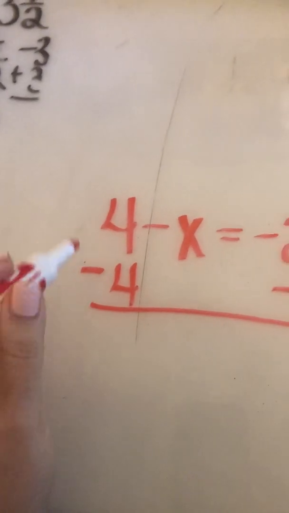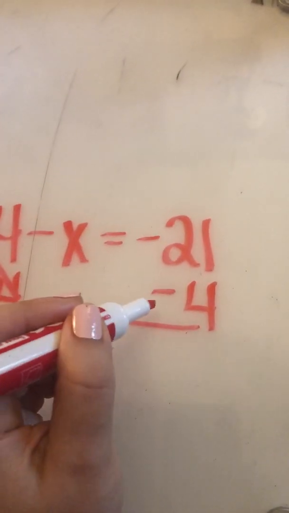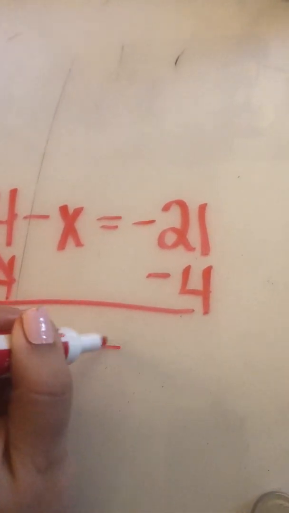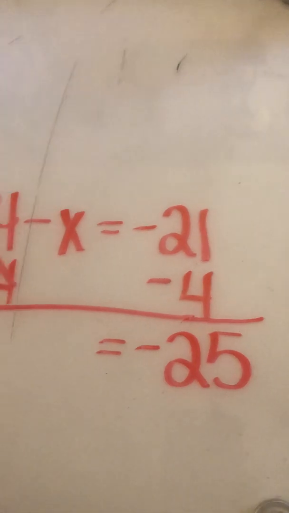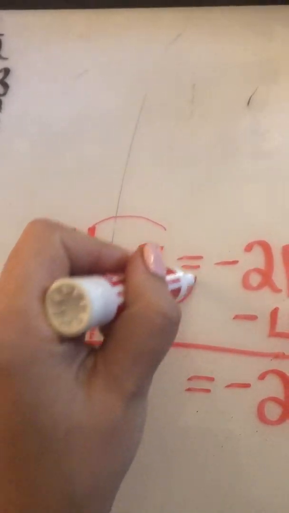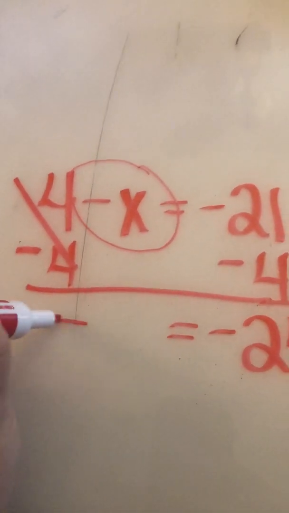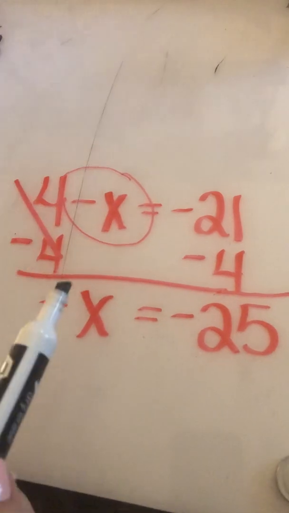Okay, 4 minus 4 is 0, so that cancels out. Negative 21 minus 4, we're getting more negative, would be negative 25. And then this is where your common mistakes happen. We're not bringing down x, we have to bring down negative x. All right. So now x is still not isolated because this negative is here.